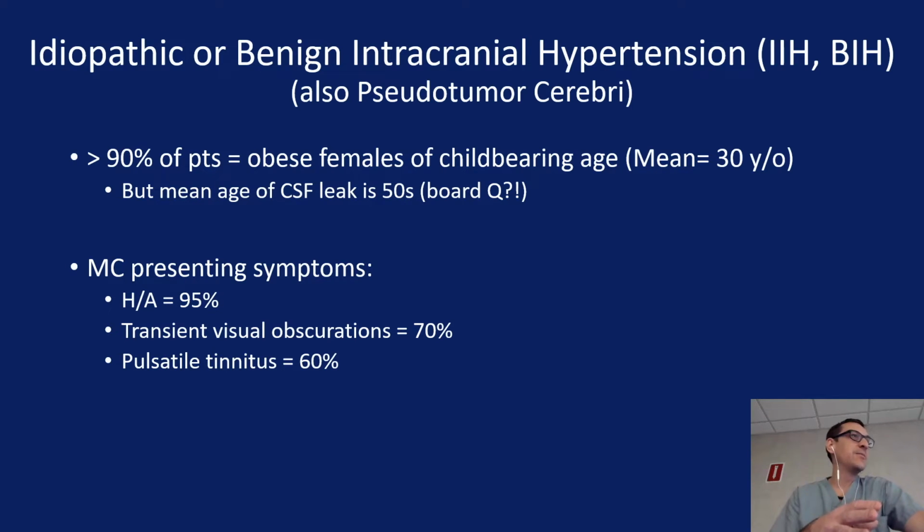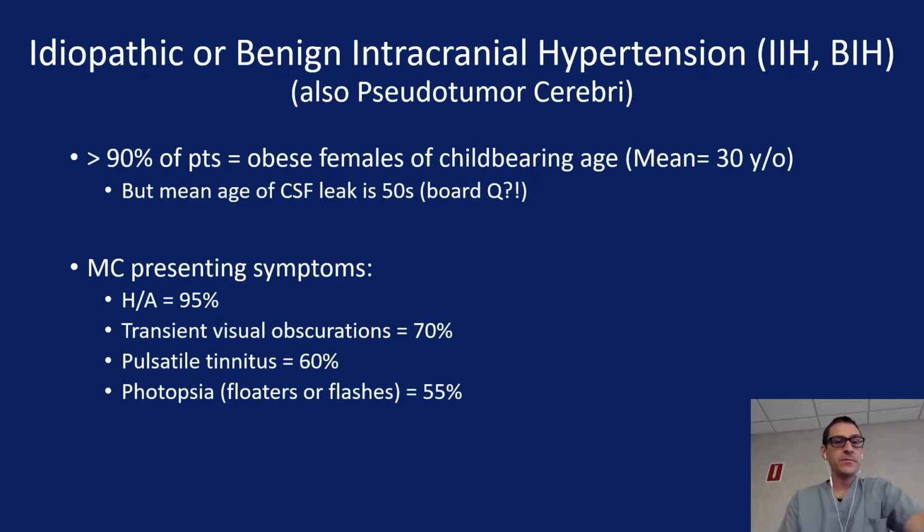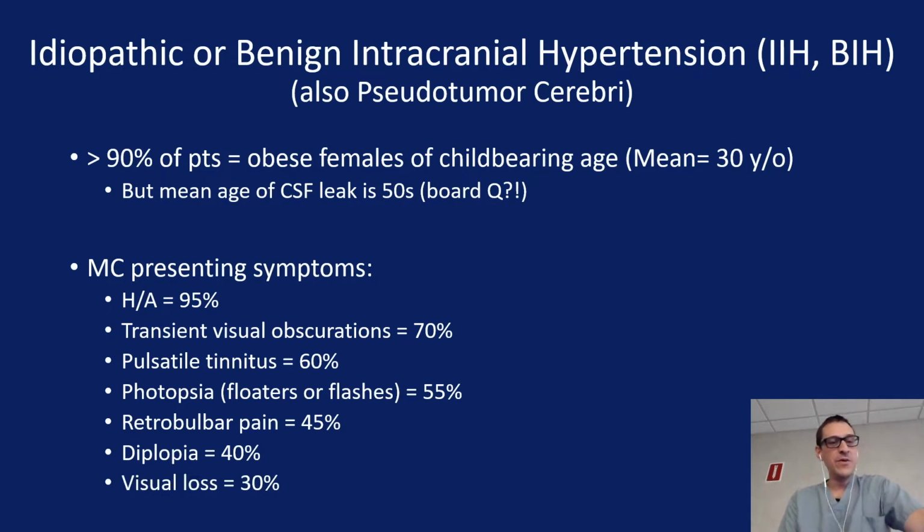It's pulsatile, okay? When I ask patients, it's more of a whooshing pulsatile. Whoosh, whoosh, whoosh, okay? Whether it's one side or both seems to vary. But yeah, the pulsatile is an important point. Photopsia, or floaters or flashes. I don't know the difference between this and obscurations. Does anyone? All right. Retrobulbar pain, diplopia, and vision loss.